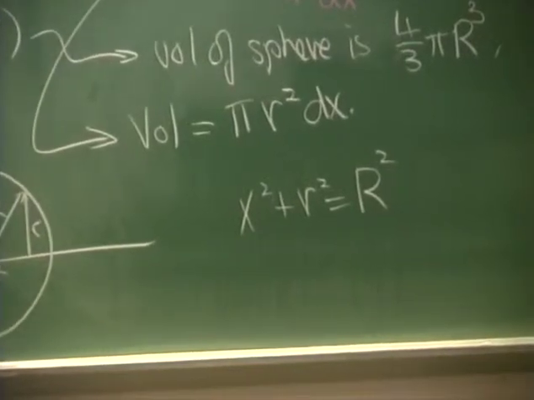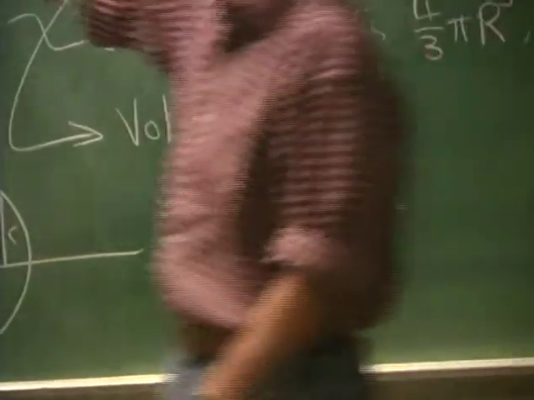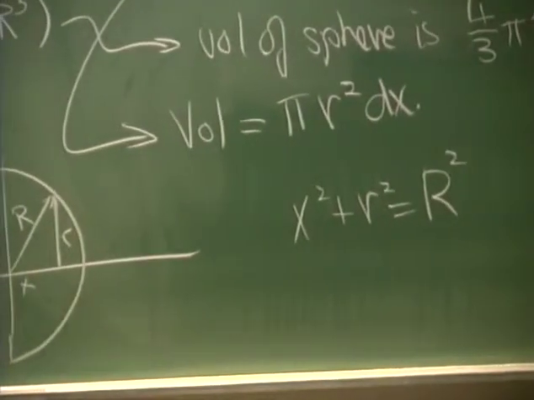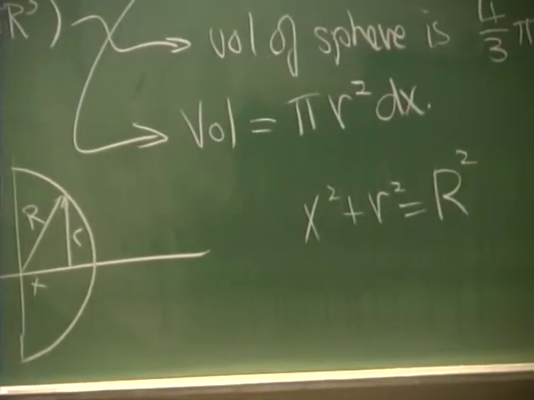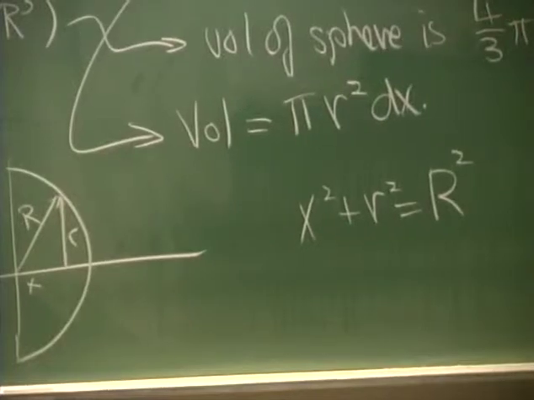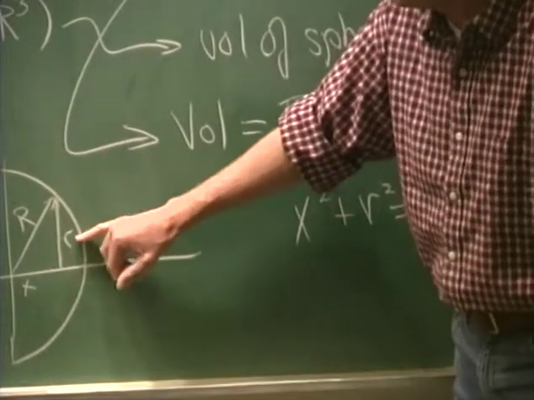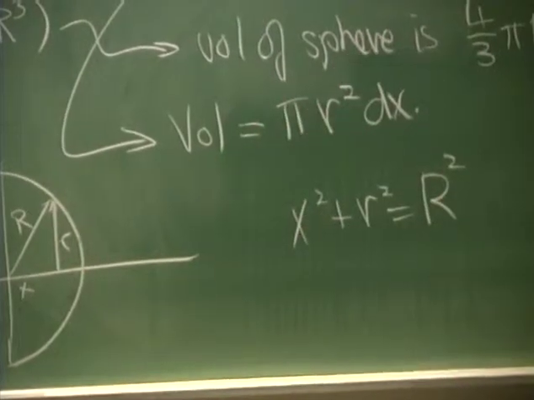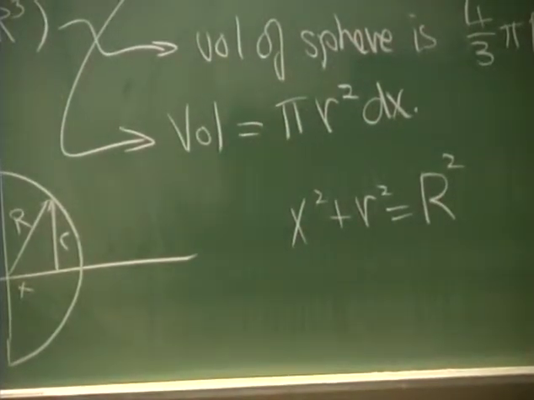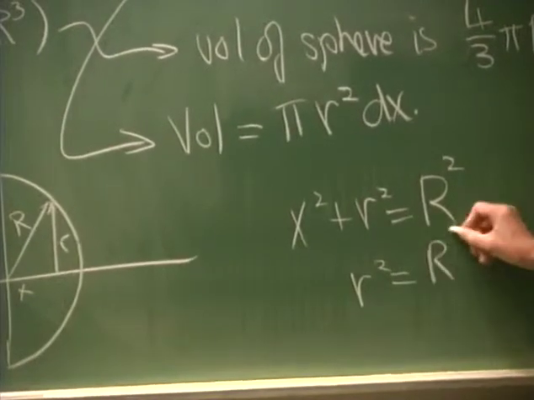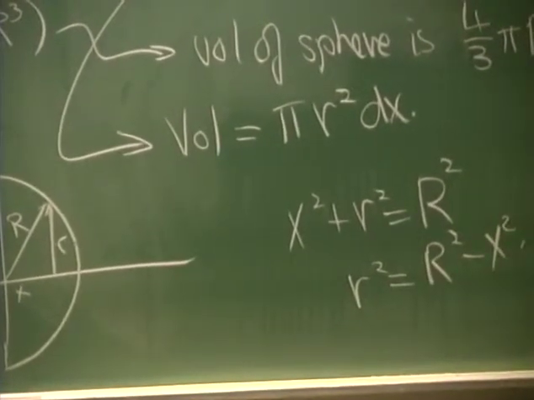There are a number of different items that go into this calculation, so I'm trying to treat each one of them separately. X squared plus r squared equals capital R squared because this is a sphere. So r squared, in other words, is equal to capital R squared minus x squared.